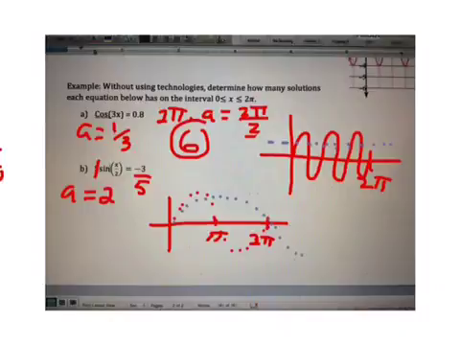And if we think about that line, just picking random colors here, negative 3 over 5 is down here. And between 0 and 2 pi, that never happens. So it never crosses that line. So our answer is 0.